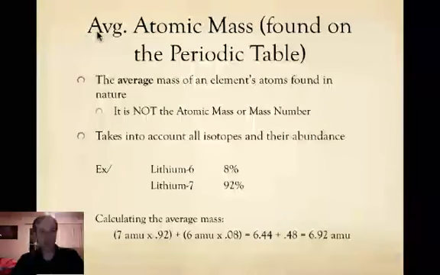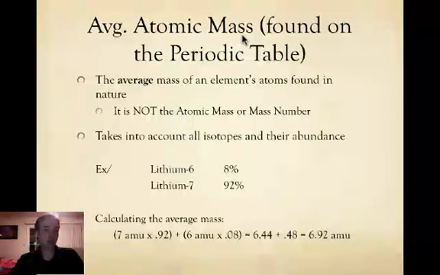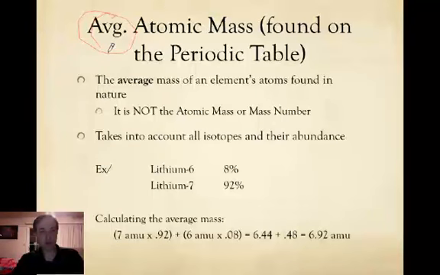Average atomic mass. Okay, average atomic mass is something special. Realize so far we've talked about atomic mass, we've talked about mass number, and we've talked about something called the atomic number. So 3 things that sound very similar. Now we're adding a 4th thing that sounds really similar, except it has this extra word at the front, average. Okay, the average atomic mass is found on the periodic table.